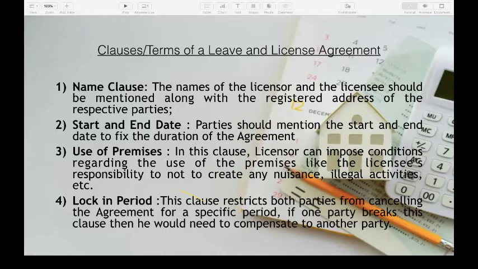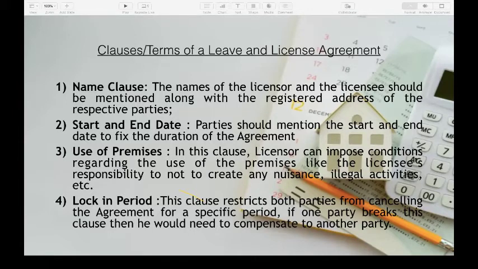Yes, moving ahead, understanding the different clauses or terms of a leave and license agreement. Now, there are very few basic clauses which are required under law and which might be common to a lot of agreements. For example, the name clause.